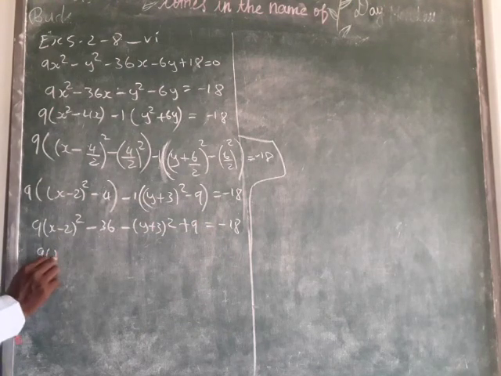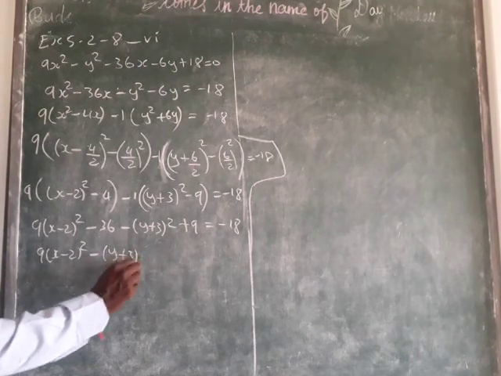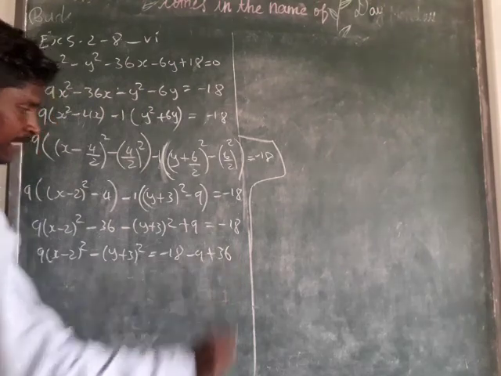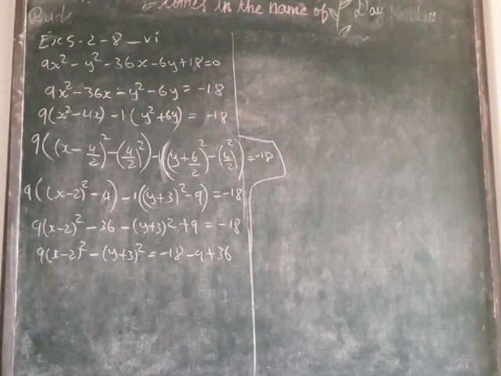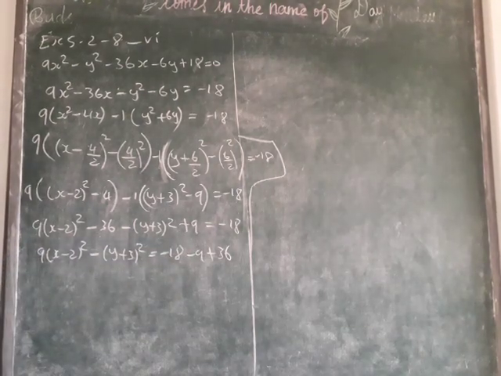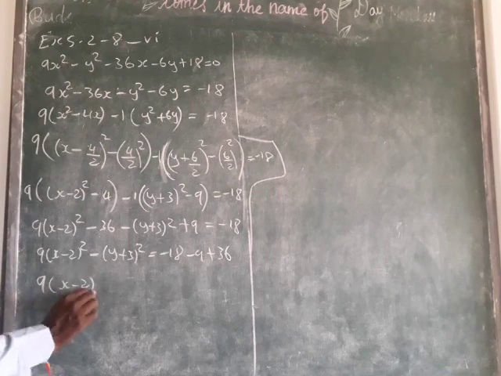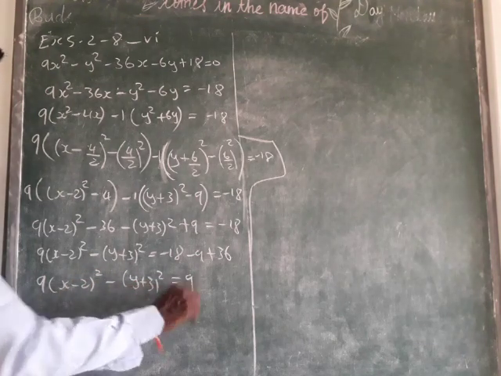So 9 into x minus 2 the whole square minus y plus 3 the whole square equals minus 18 minus 9 plus 36. Adding minus 18 and minus 9 gives minus 27, minus 27 plus 36 is 9. So 9 into x minus 2 the whole square minus y plus 3 the whole square equals 9.